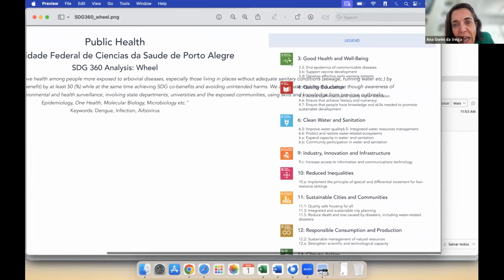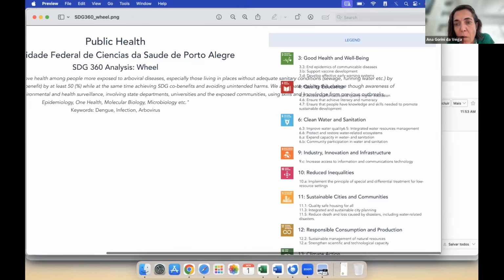Educating people, letting them be aware of the risks of increasing the mosquito population by storing water, and also the use of nets and mosquito repellents. So that has to do with education.